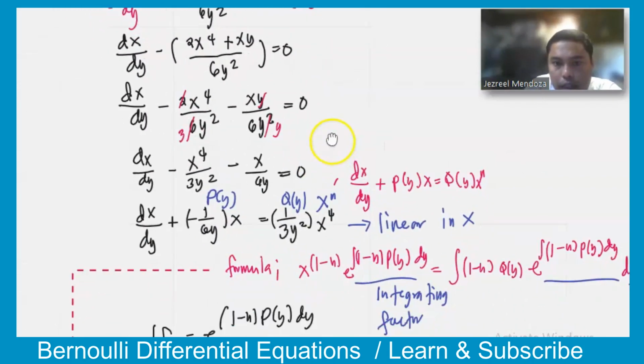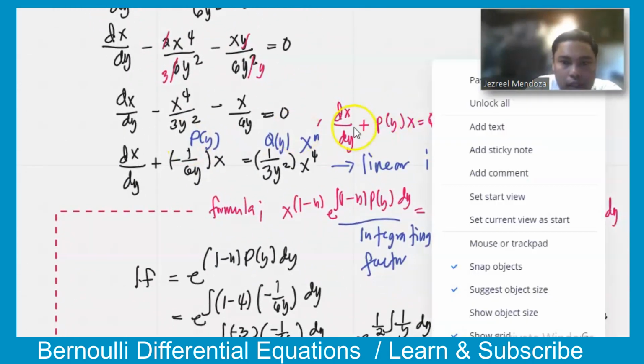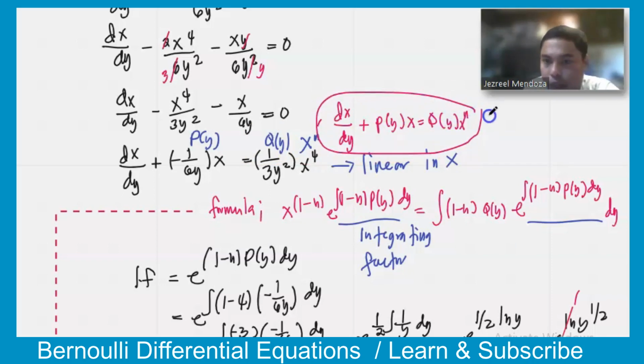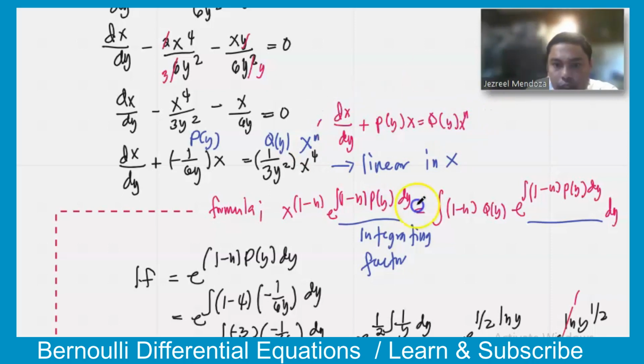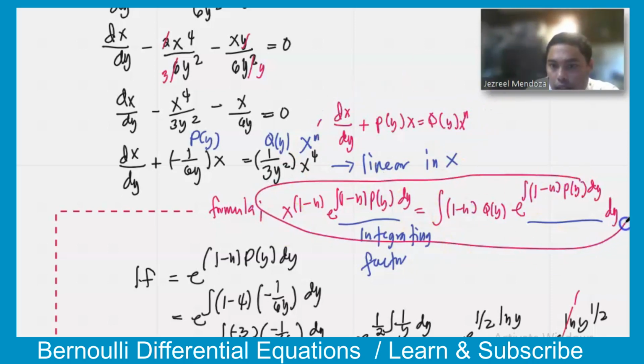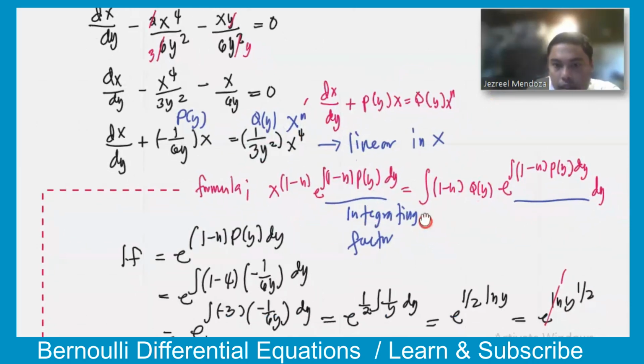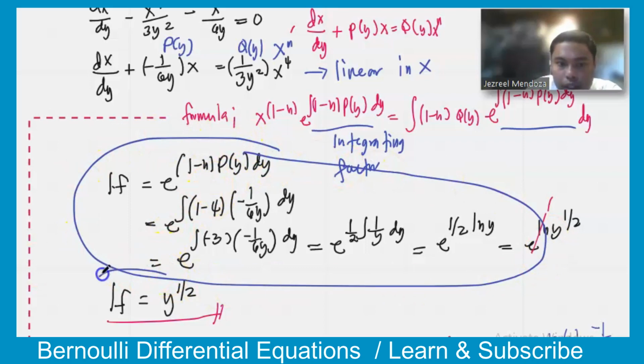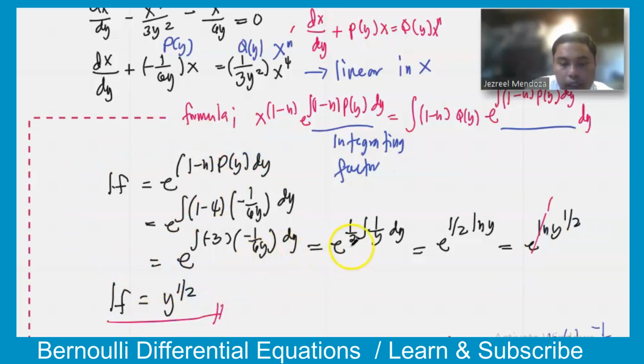This problem is expressed in the form of Bernoulli in x, and we have the form dx over dy plus p of y times x equals q of y times x raised to n. After that, we have this formula. Then isolate the integrating factor to shorten the solution. Then we arrive at our integrating factor, y raised to 1/2.